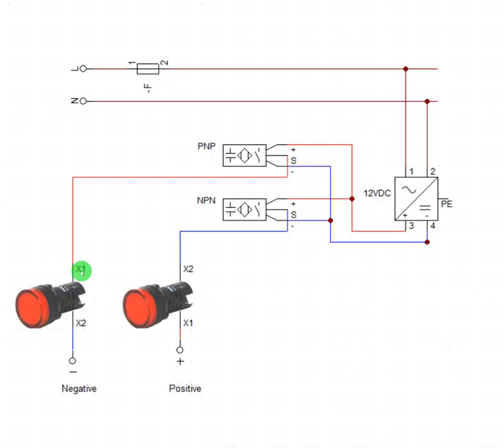The terminal X1 is positive, so it's going to positive. Then this one is sending negative to X2 because here is negative. Then come back to this area. This lamp is taking positive here. This other lamp is taking negative here, because their supply intake is being determined by the output from the sensor.